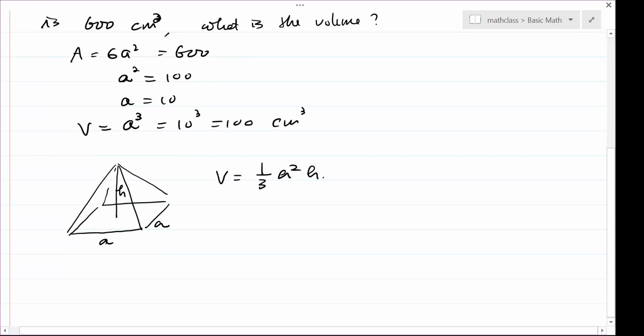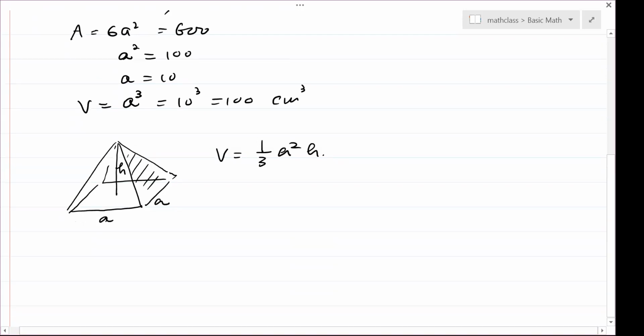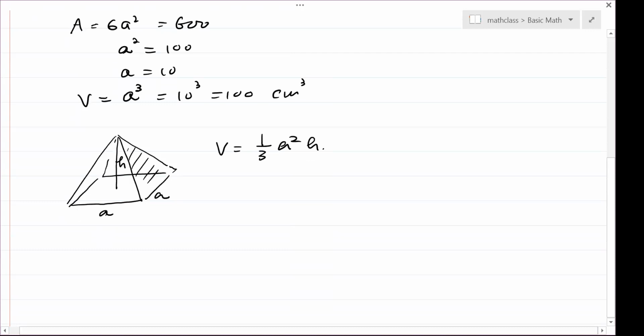Now we're also interested in the triangles on the side. Suppose the triangles are all isosceles triangles. How are they related?